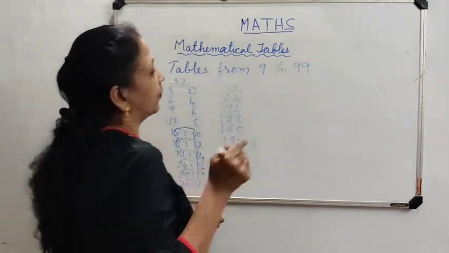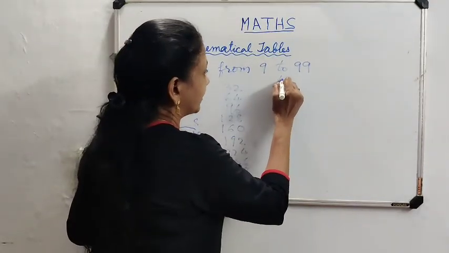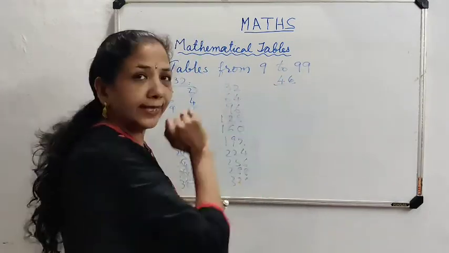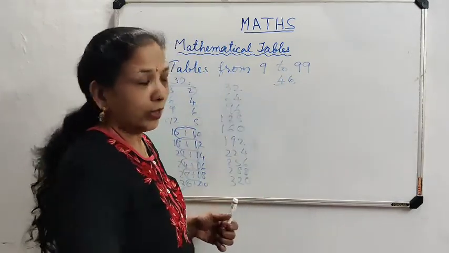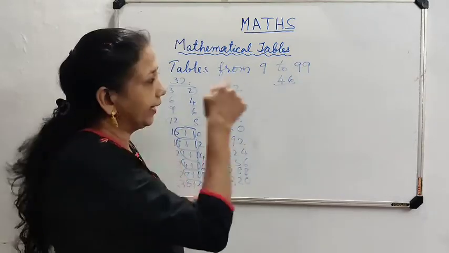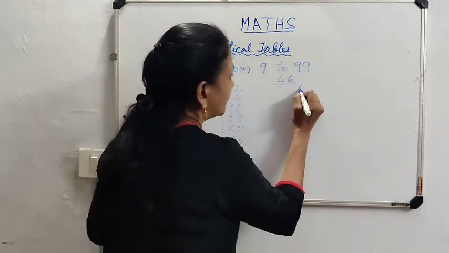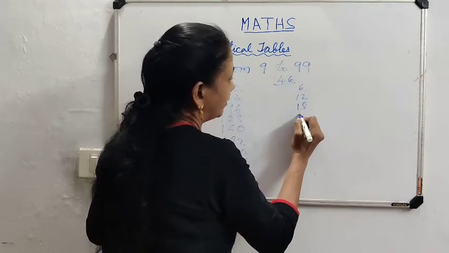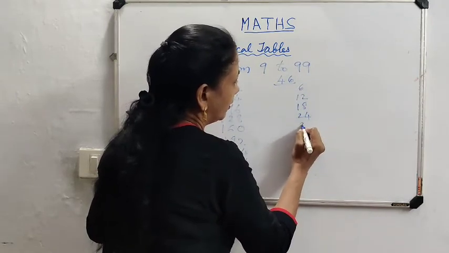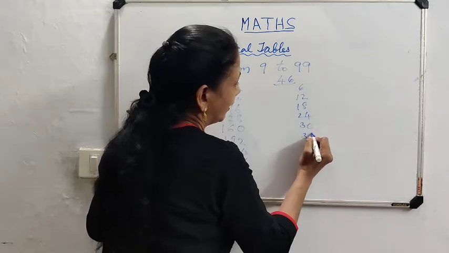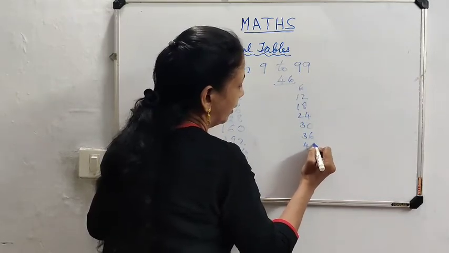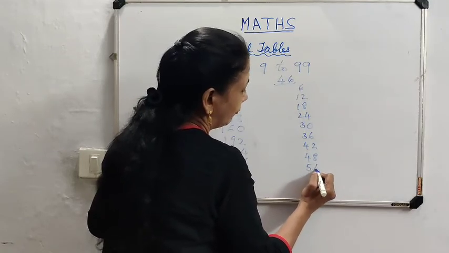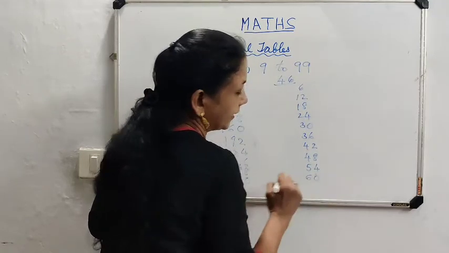Now see 46. The ones place is 6 and the tens place is 4. So you write the 6 table here for the ones place: 6, 12, 18, 24, 30, 36, 42, 48, 54, 60.